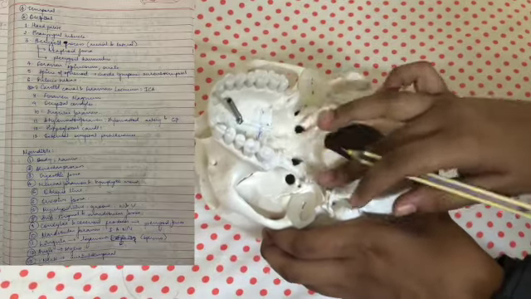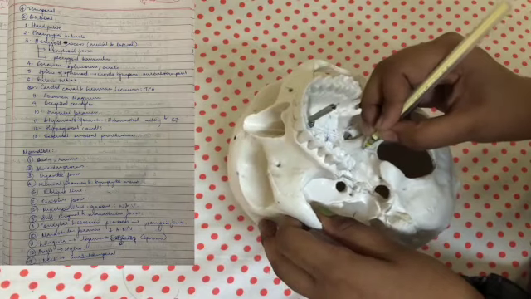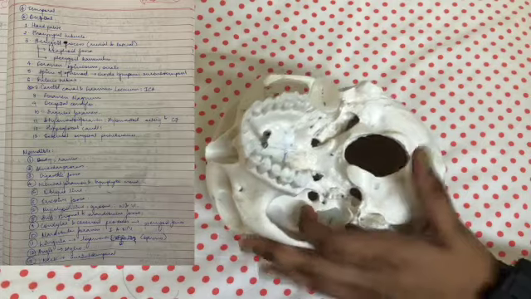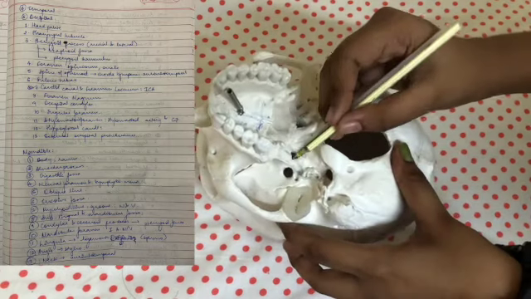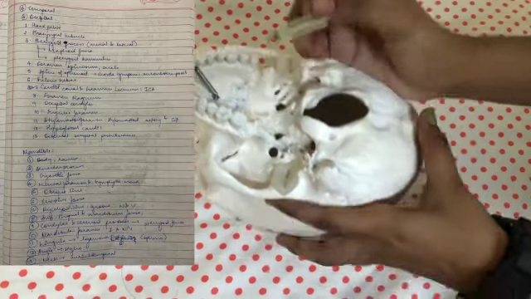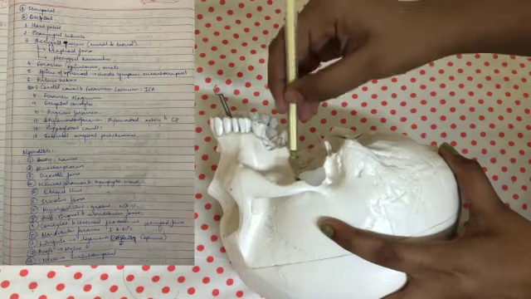You can see here the pharyngeal tubercle is a small elevation here in the median plane, okay, right in front of foramen magnum. Now you can also see the pterygoid process, as we discussed before, the medial and lateral pterygoid process. The lateral one is obviously more lateral as compared to the medial one.